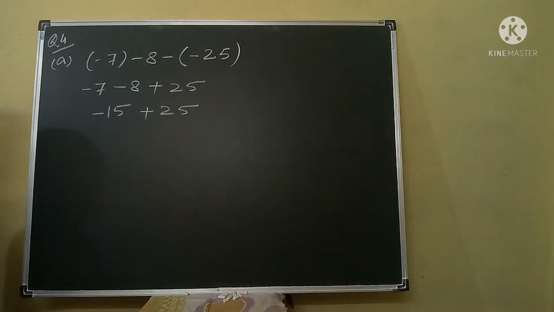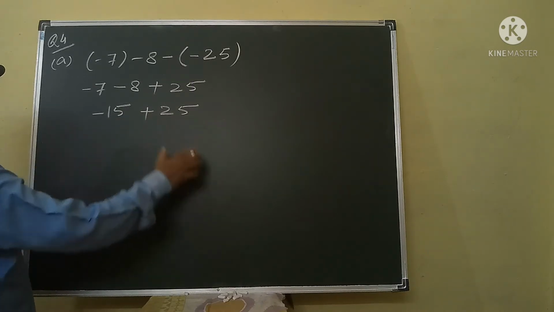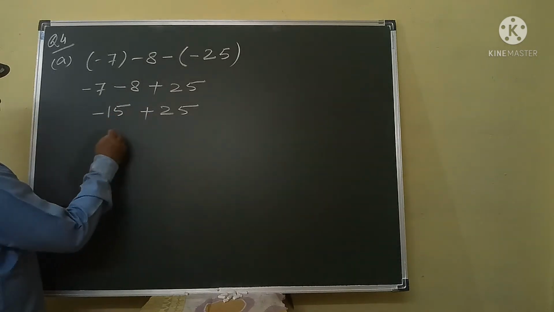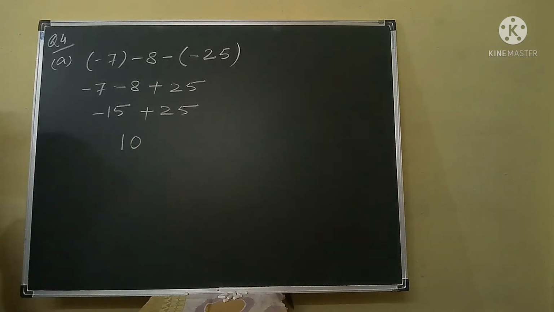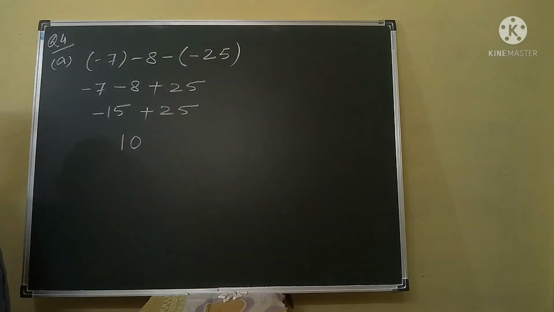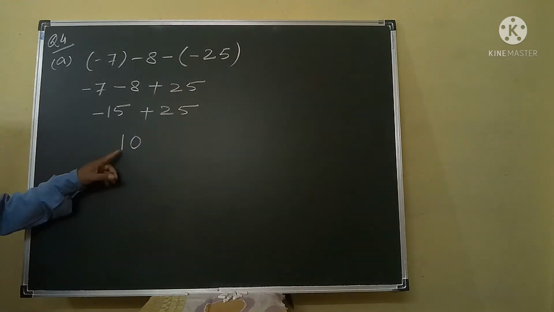Now this is a negative integer, this is a positive integer. If you have one integer negative and one positive, then in that condition we must subtract. 25 minus 15 gives 10. But is 10 positive or negative?